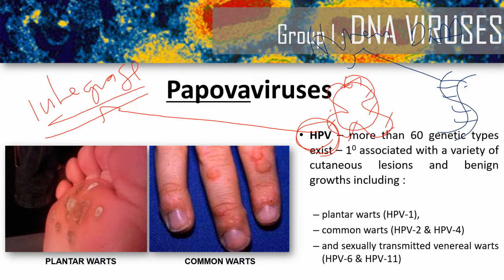During replication, it will release an enzyme called integrase. Integrase is an enzyme that will try to integrate the viral genome into the host genome. So they will try to erase this one. Sorry, class, I erased everything.